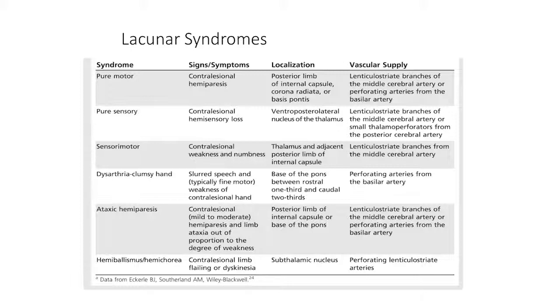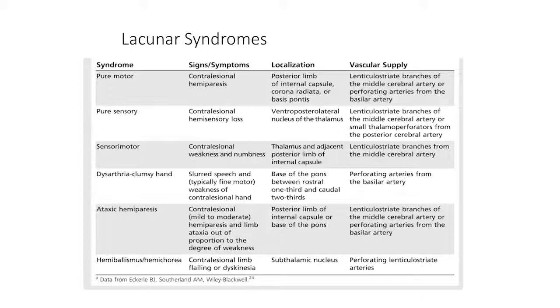So it's important to note this because it mostly occurs in patients with hypertension, and the pathophysiology of which is known, but the patients will not present classically with MCA or PCA syndromes, but they come with a lacunar syndrome, one of them.